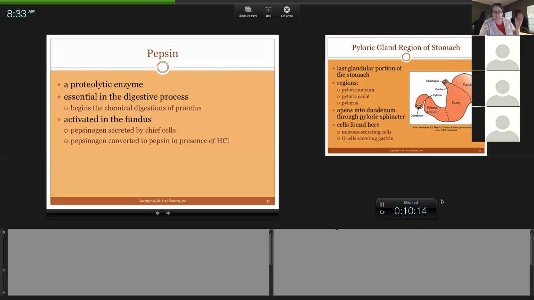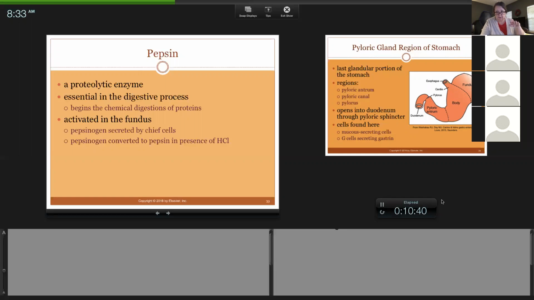What happens when we give our dog a steak, or a few pieces of steak, very high in protein, and it hits the stomach, coming from the esophagus? As soon as it hits the stomach, something called pepsinogen is secreted. What's interesting in the stomach is that a lot of these enzymes are secreted inactive.